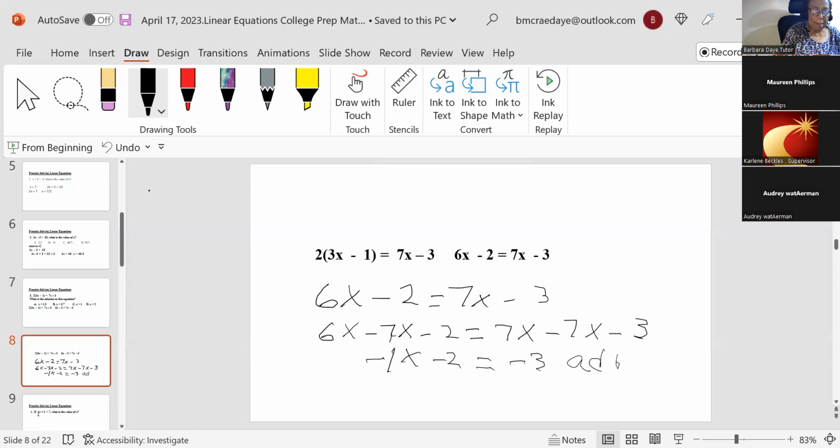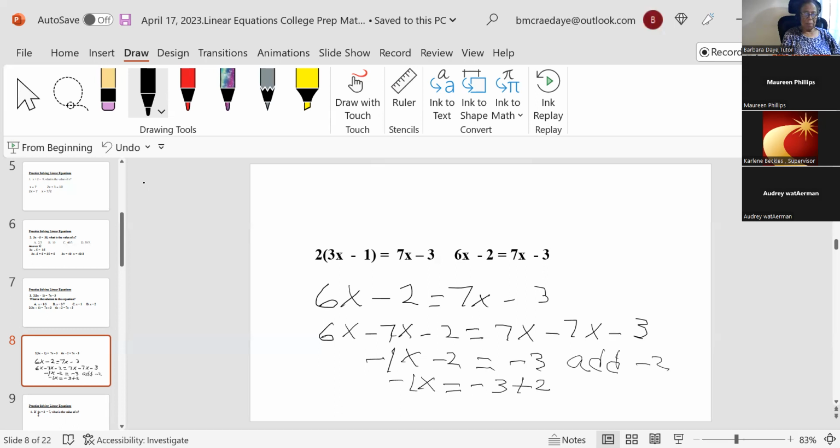Now, if you do that, that would just give you -1x equals -3 plus 2, because you added a 2, right? But a +2 and a -2 on the left just give you 0.